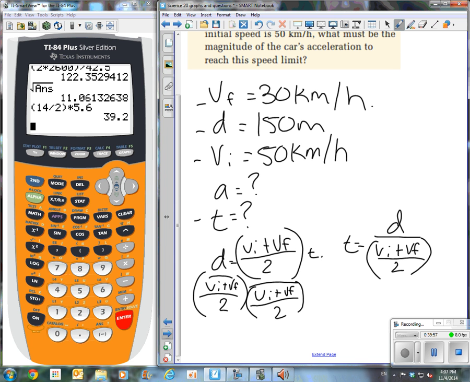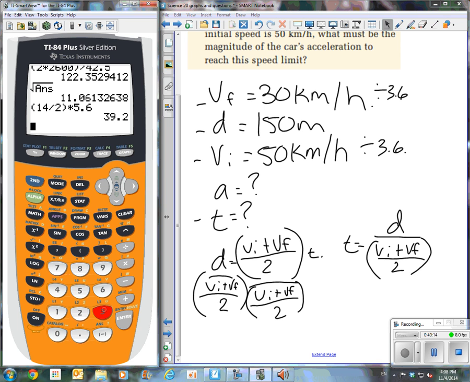Now, I've got some kilometers per hour and some meters, so I need to convert these kilometers per hour into meters per second. I divide each by 3.6 in order to figure that out.